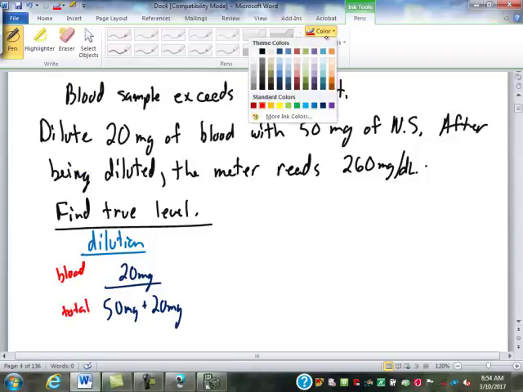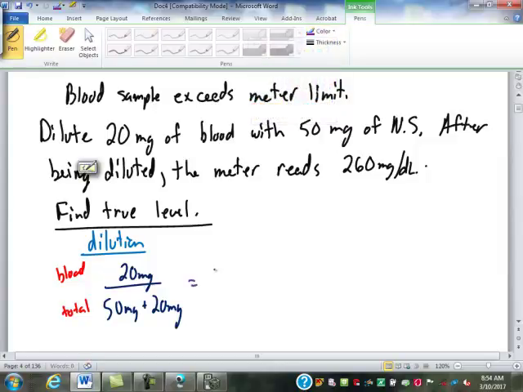Or you could have done the 20 over 50, got the NS, and then adjusted the ratio. That would work as well. So that gives us 20 over 70, or a 2 and 7 dilution.